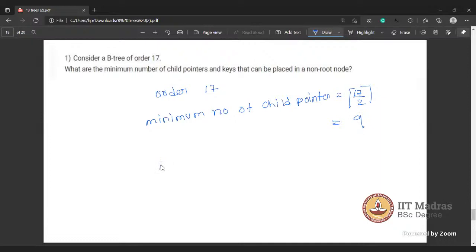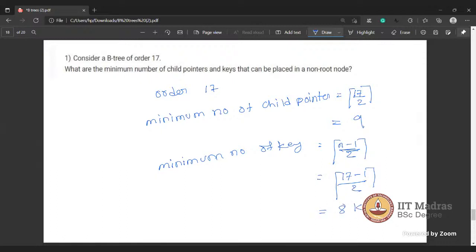And the minimum number of keys is ceiling of (n minus 1) by 2, so 17 minus 1 by 2. So you will get 8 keys and 9 pointers. Okay.